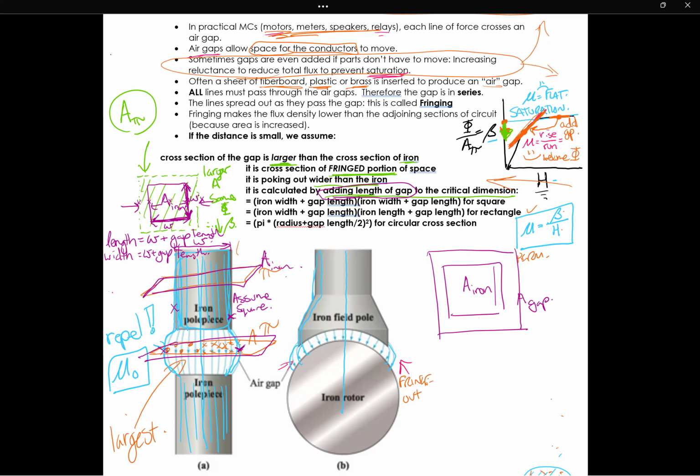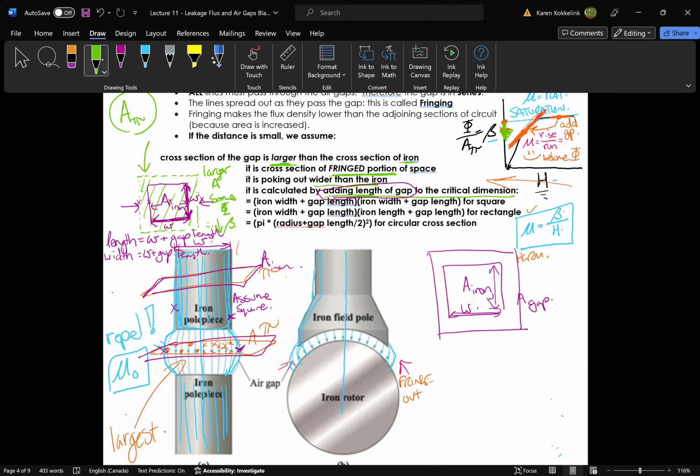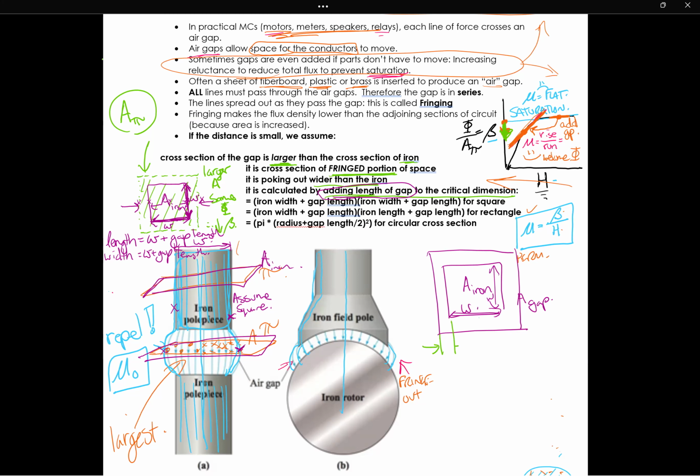And I'm going to call this W, and I'm going to call this W. And if I want to label what's going on around there, then this gap here, this increase in dimension, has to total, in the x-axis, the length of the gap.